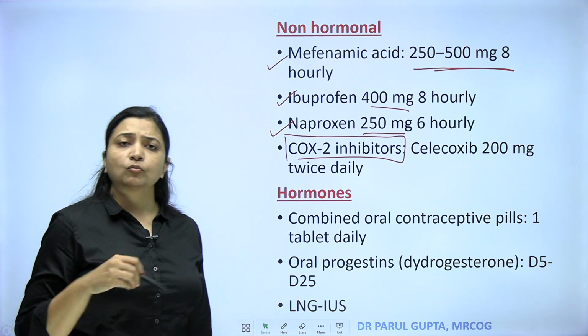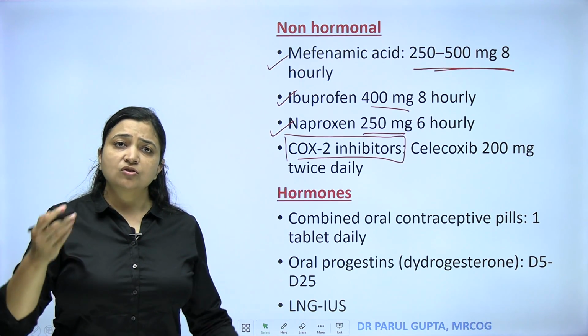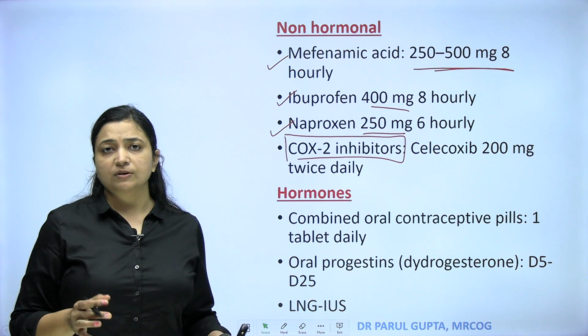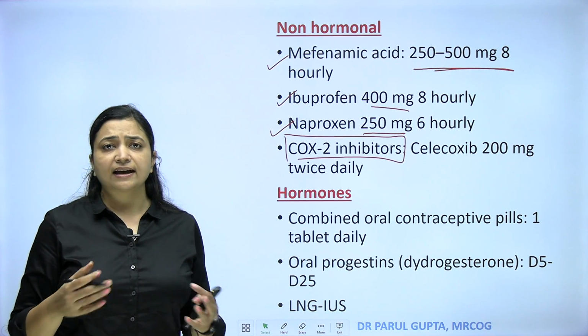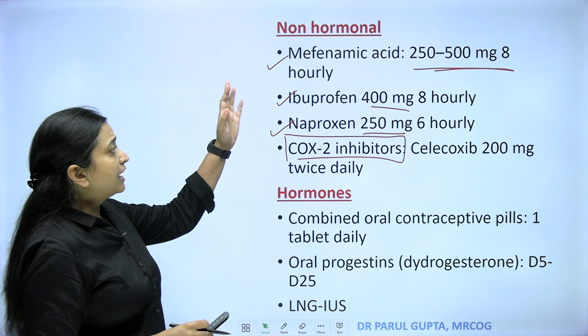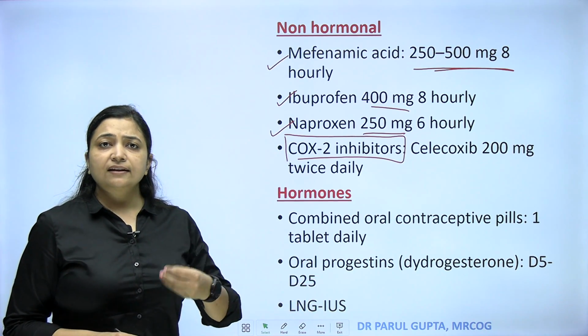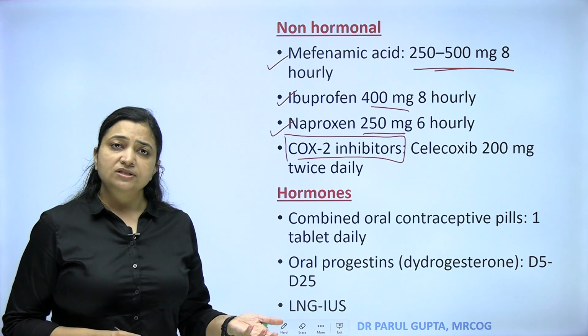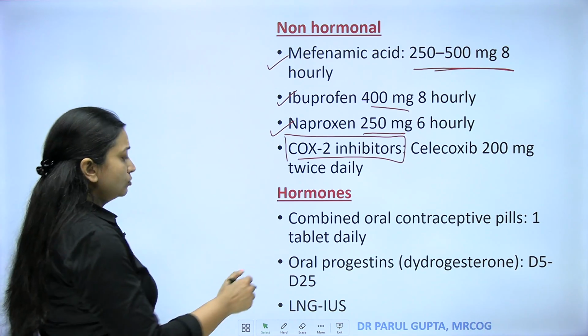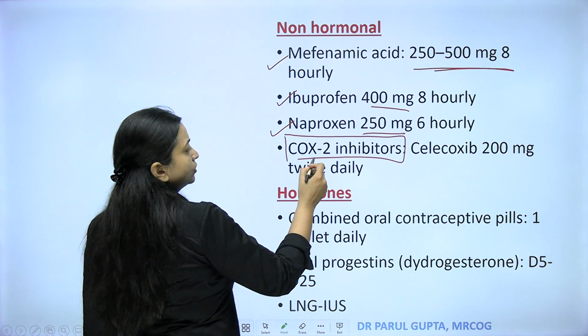See, we don't want more side effects to occur because she is already suffering from autonomic problems like nausea, vomiting, headache, diarrhea, etc. And if we are giving any strong NSAIDs, then there may be gastritis, which is the most common side effect of NSAIDs. So better to go for cyclooxygenase 2 inhibitors.